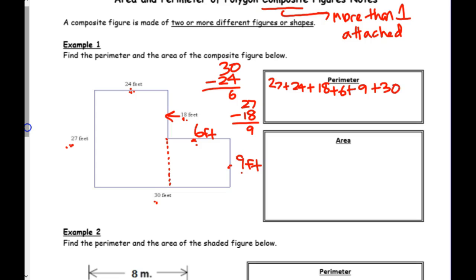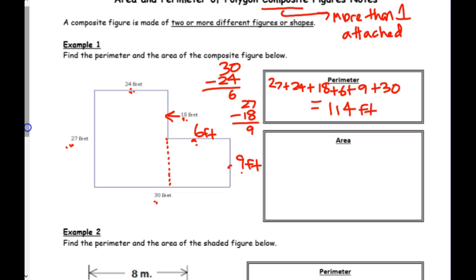I need everyone doing these notes. Equals what? You added them up. Anyone else get 114? You added up all 6 of those numbers? 114. All right. 114, what are my units? Feet.